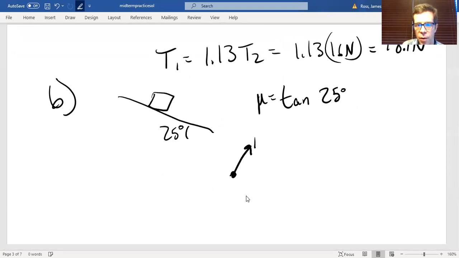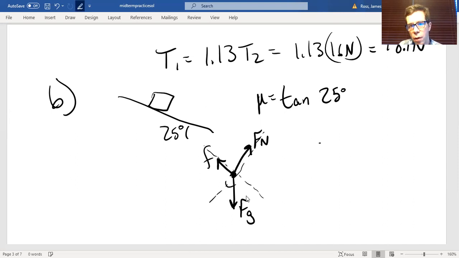Here's my free body diagram. I've got a normal force, friction up the ramp, and gravity towards the earth. Using a tilted coordinate axis, and sum of forces in the y, we get the normal force minus Fg cosine theta equals 0.